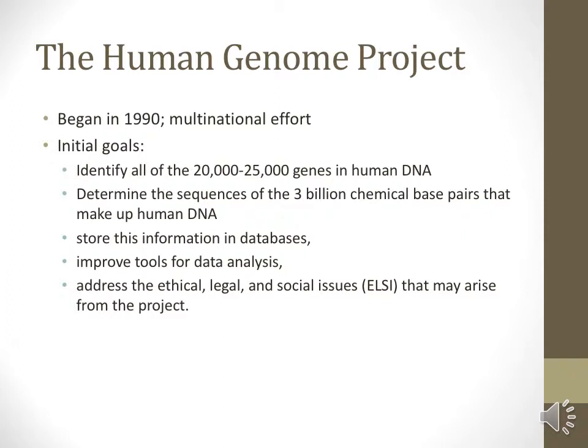The initial goals of the project were to identify all of the 20,000 to 25,000 genes in human DNA, and I will say we now know that there are about 25,000 genes, to help determine the sequences of the 3 billion chemical base pairs that make up human DNA, to put all that information into databases where it would be publicly accessible for no cost to scientists and the public, to help improve the tools for data analysis, and to make a framework that would address some of the ethical, legal, and social issues that may arise from the project.